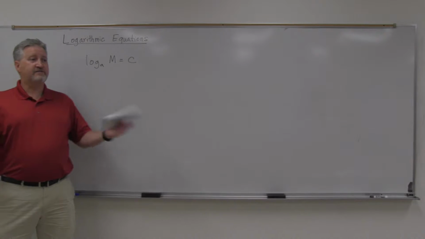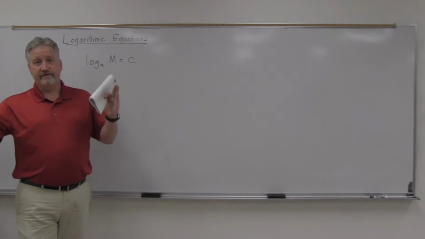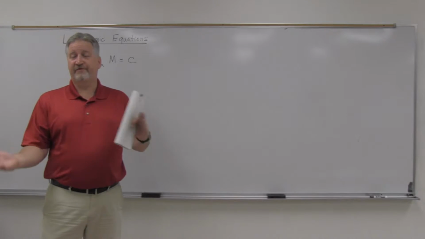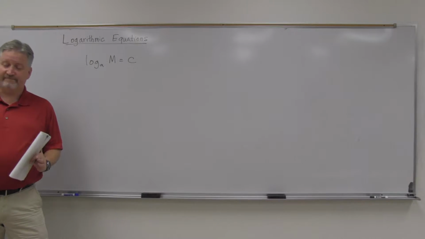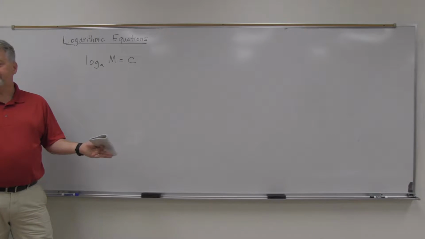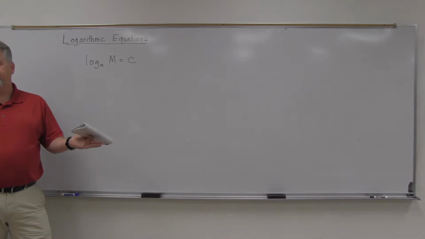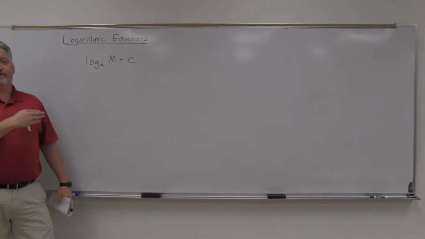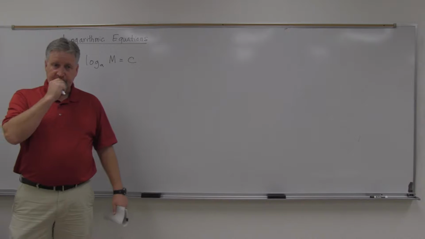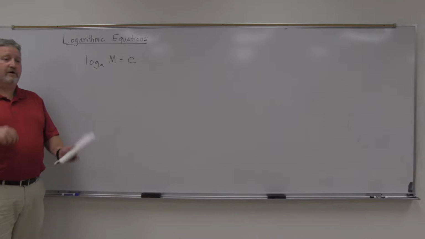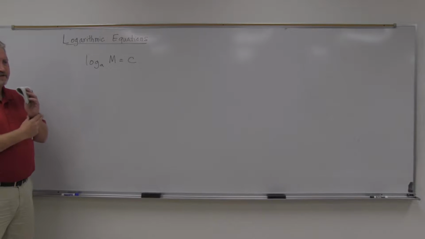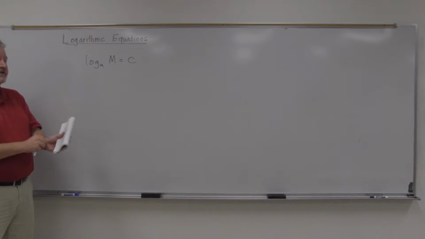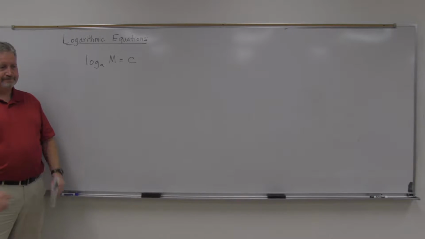So we had an exponential equation and we took the logarithm of both sides, which was the inverse operation, right? Logarithms and exponentials are the inverse of one another. Well, that's essentially what we're going to do here. We've got a logarithm, and so I'm going to do the exponential thing to it. But here's what it looks like, just to show you.